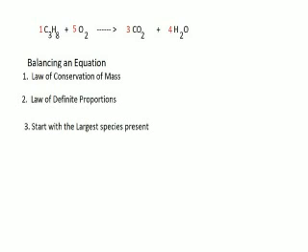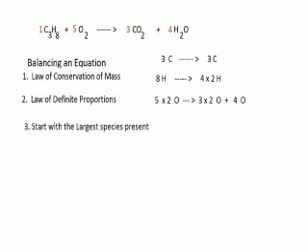As the last check, we have to go through and count the atoms. On the left side, we have 3 carbon atoms in the propane. On the right side, we have 3 molecules of carbon dioxide as our 3 carbons. On the left, the propane has 8 hydrogen atoms. On the right, we have 4 molecules of water, each of which has 2 hydrogens for our 8.